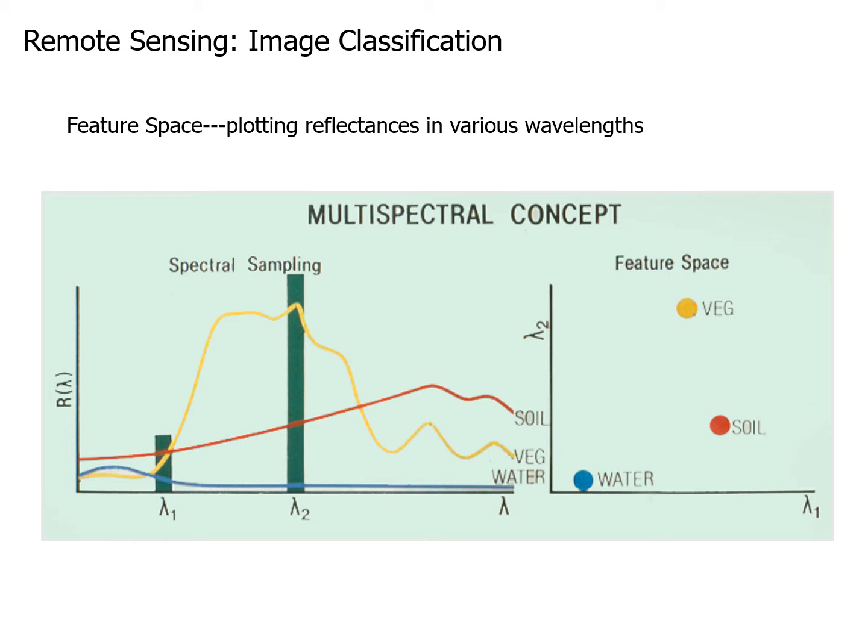So wavelength 1 band and wavelength 2 band. And again, this is essentially you're looking at bands 3 and 4 from Landsat, red and near infrared. And so whereas water has low values for both wavelength 1 and wavelength 2, we can see that in the spectral space, but then in feature space, that just means that that water pixel is going to be near the origin.